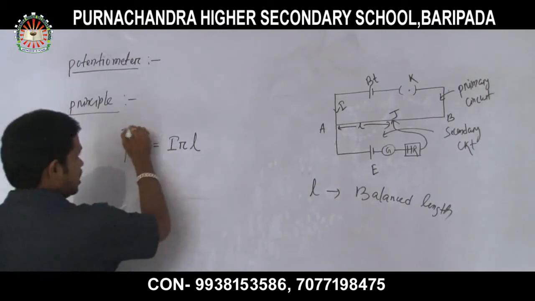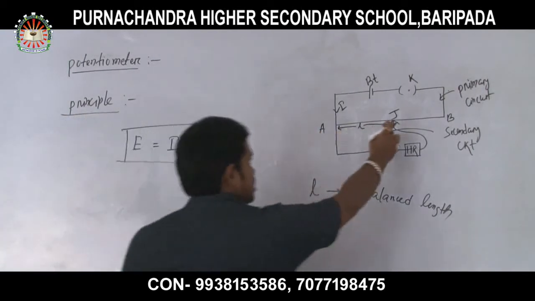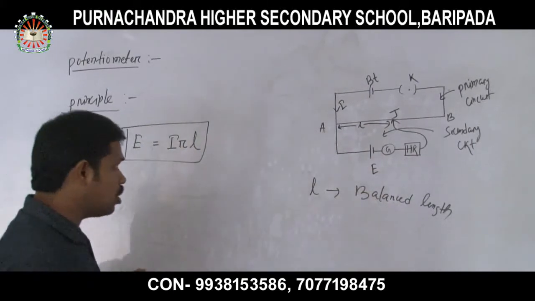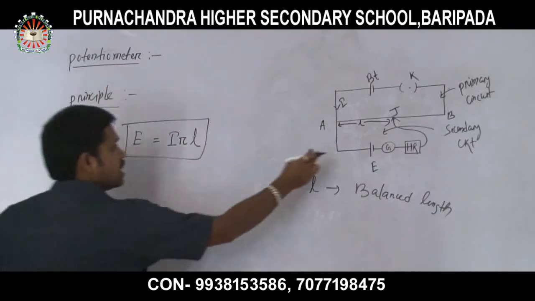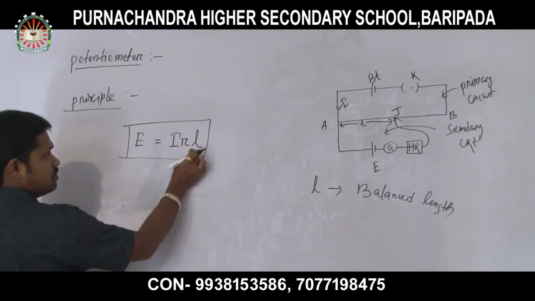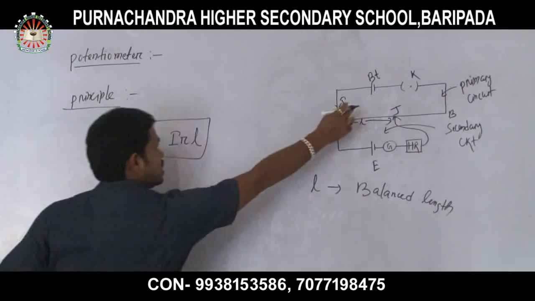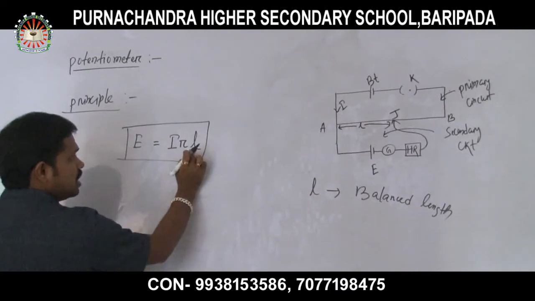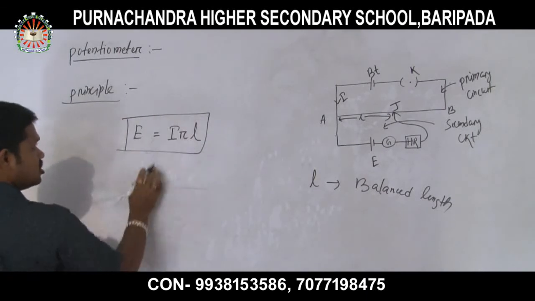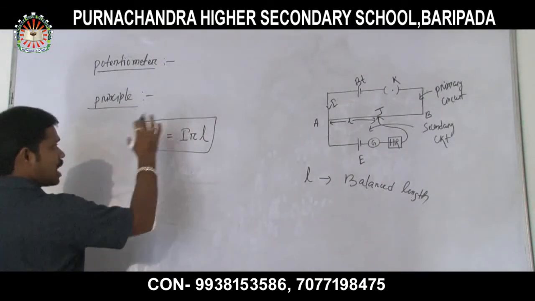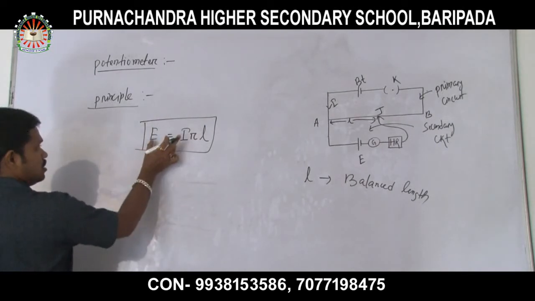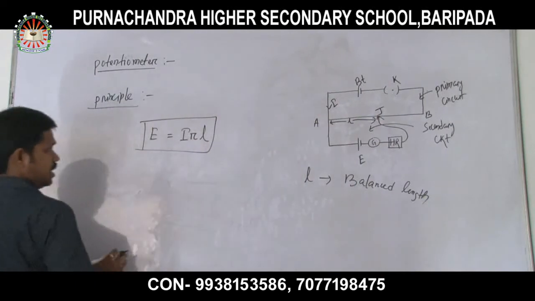Remember, in this condition, where the jockey is placed such that the current in the galvanometer becomes zero, the EMF E is equal to the multiplication of these three: the current in the primary circuit, the resistance, and the balanced length. This is the expression by which we can find out the potential of this circuit.